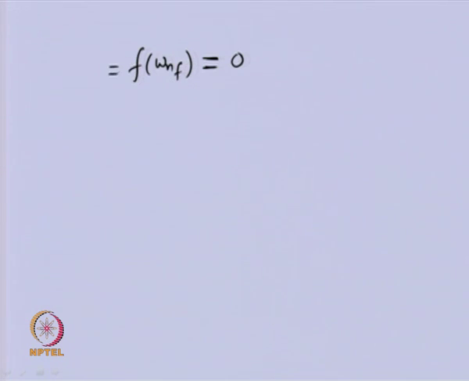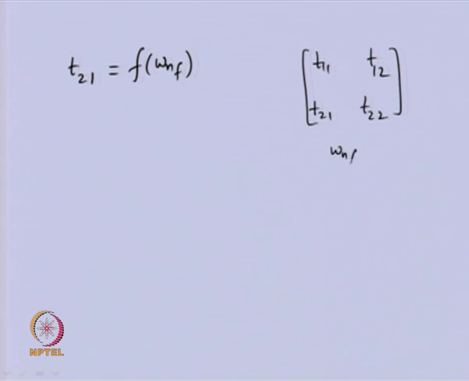Like in the previous example, we had T21 of the overall transfer matrix, which is a function of omega nf, equal to 0, and we expect to get the natural frequency from it. So let us say we are equating this particular component as a function of omega nf, because in the T matrix which we obtained, from the multiplication of various point matrices and field matrices, in all of them the natural frequency is unknown.